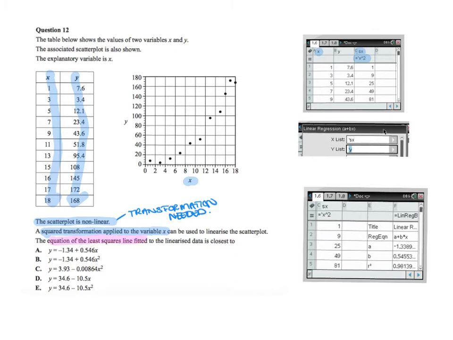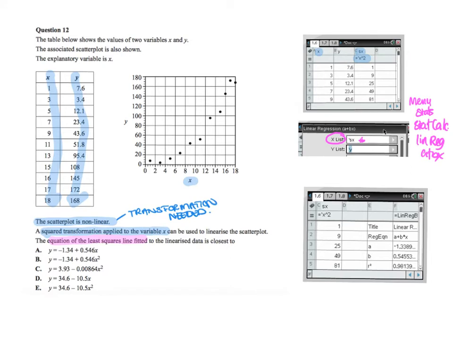So once I've done that, I'm going to go in and do the menu, stats, stat calc, and get the lin reg a plus bx, because I'm going to try and find the a value. Now what I've got to be careful of is when I pick the x list that I use the transformed one, which is SX, and the y list hasn't changed, so I leave it as y.